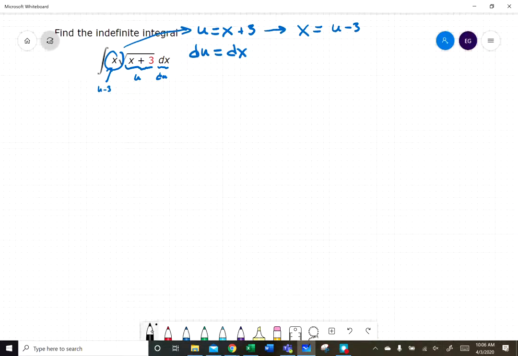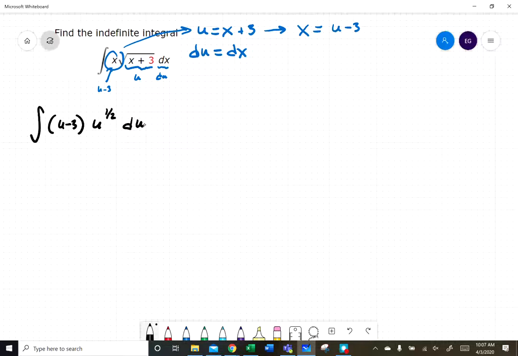All right, so let's rewrite our integral with our new change of variable. We have the x becomes, not plus, x becomes u minus 3. And then we have the square root of u, or let's say u to the 1/2 power du.